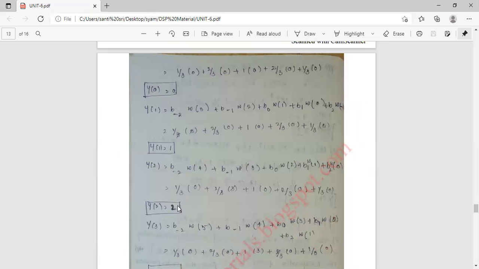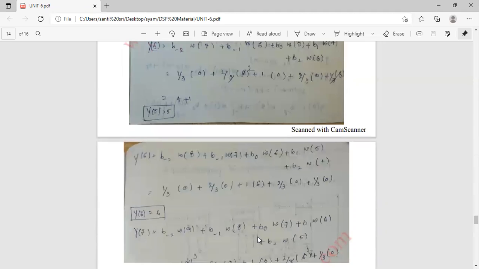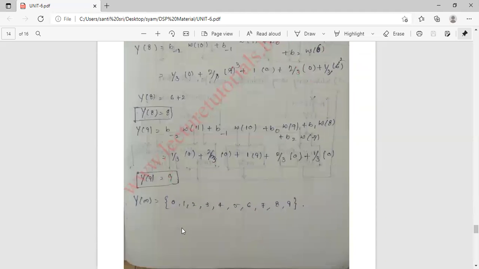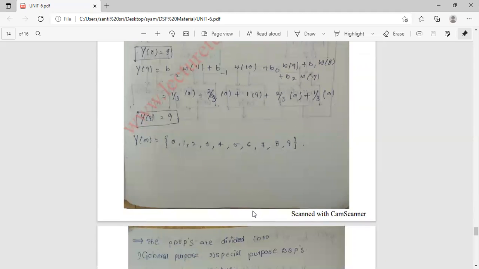So that we will get y of 2 is 2. Next, m becomes 3, so w of 5, w of 4, w of 3, w of 2, w of 1. So y of 3 will become 3. Like this, up to 9. Then we'll calculate these values, so that y of m is 0, 1, 2, 3, 4, 5, 6, 7, 8. Right?